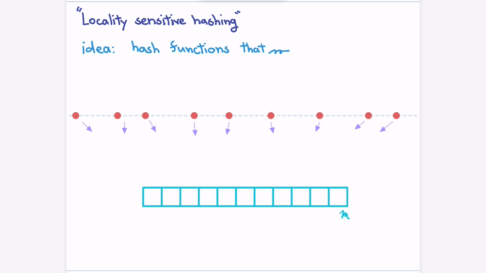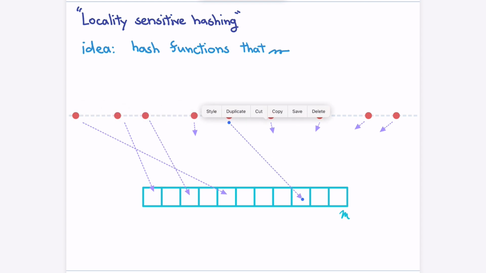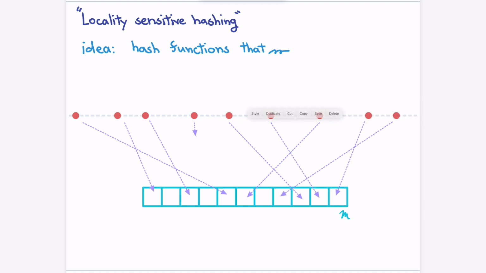So usually when we do hashing, like when we do dictionaries, we want these items to be spread out, right? We don't want collisions normally. So we usually try to get very random hash functions that in principle should lead to fewer collisions. This is what we wanted before, no collisions.